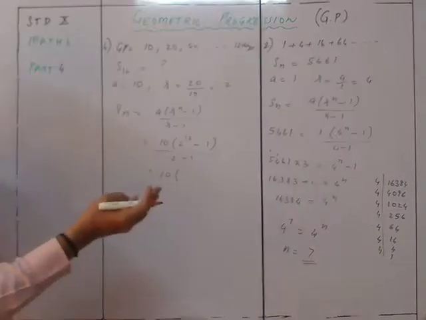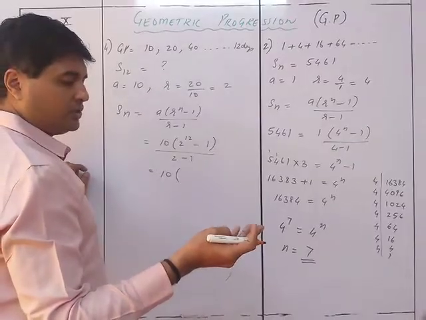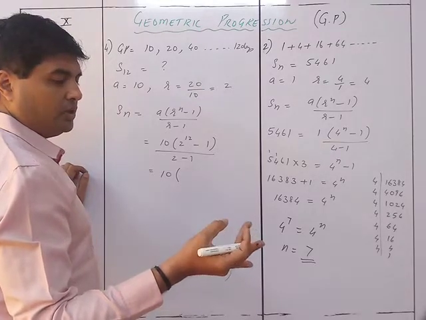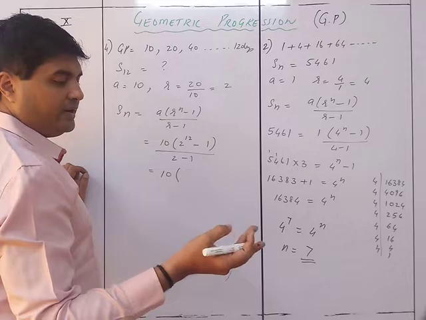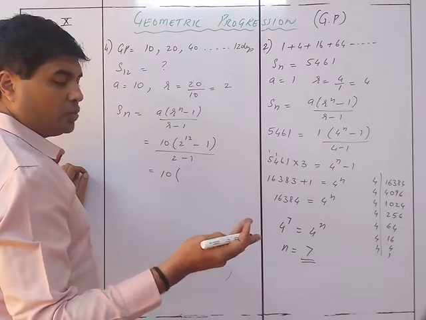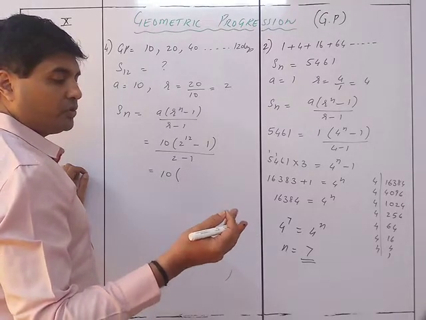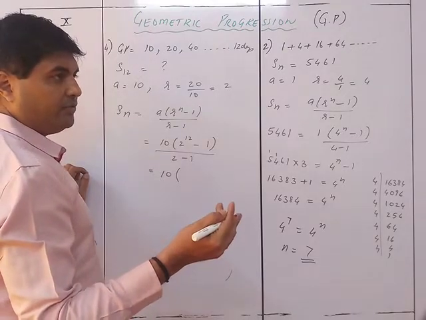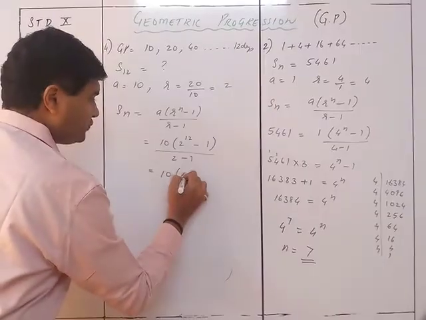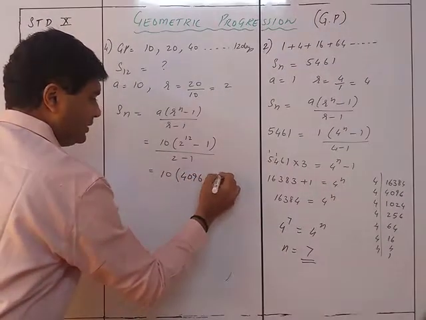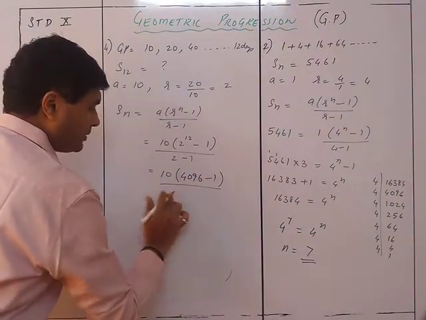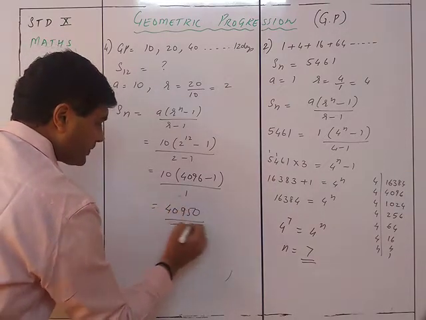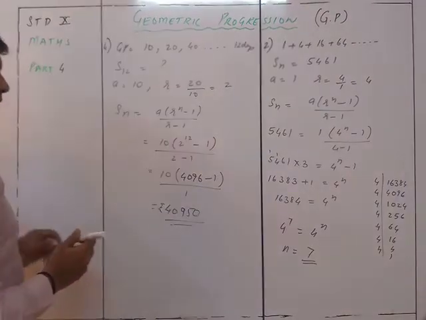So 2 to the 4, 8, 16, 32, 64, then 128, 256, 512, then 1024, 2048 and 4096. So it's 4096 minus 1 upon 2 minus 1. So that will be 40950.